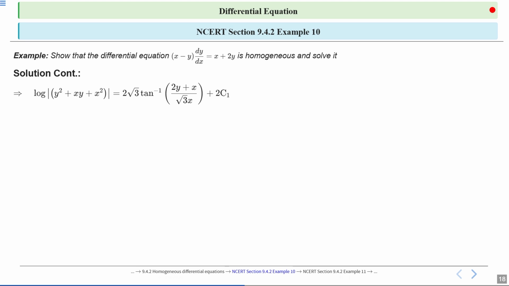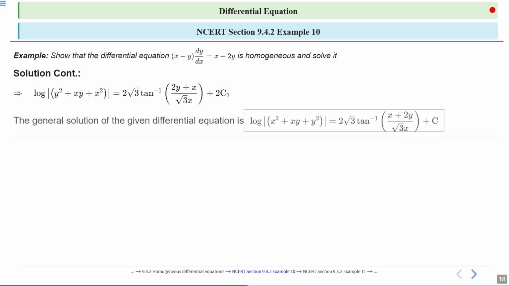So we get log mod (y square plus xy plus x square) is equal to 2 root 3 tan inverse (2y plus x) by root 3 x plus 2c1. And that is your general solution of the given differential equation. That is log mod (x square plus xy plus y square) is equal to 2 root 3 tan inverse (x plus 2y) by root 3 x plus c.